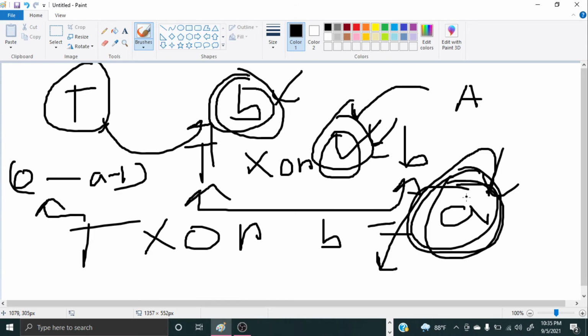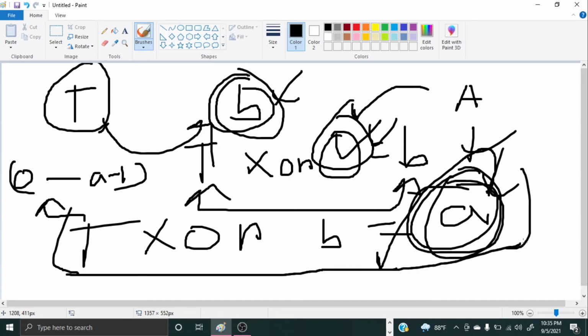So we need to take care of this extra part. For this case, we need to give an if condition. We will say that if t XOR b is not equal to a, then we're just going to output a plus 1. Just the extra one.